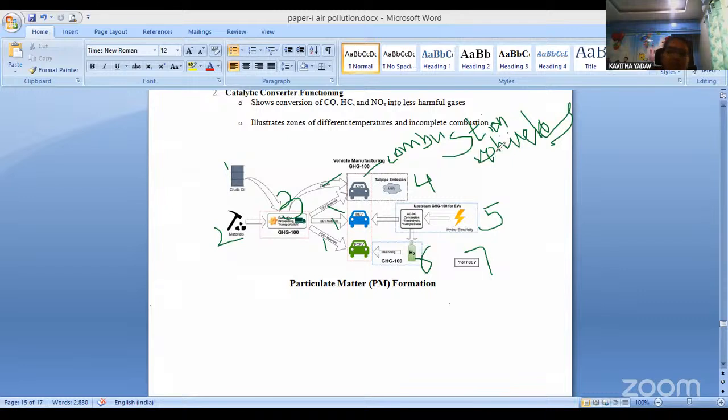This is about particulate matter formation. Wait, I am going to rub this one.